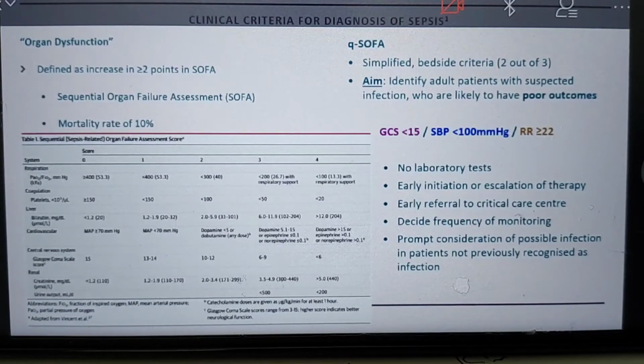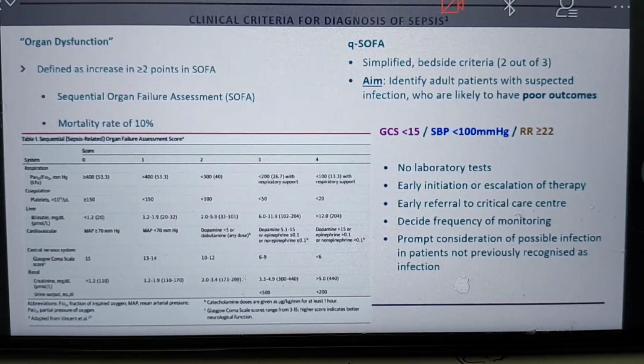So we look at the bilirubin. Score 0 is when the bilirubin is less than 1.2. Score 1 is 1.2 to 1.9. Score 2 is when the bilirubin is 2 to 5.9, 3 is 6 to 11.9, and 4 is when the bilirubin is more than 12.